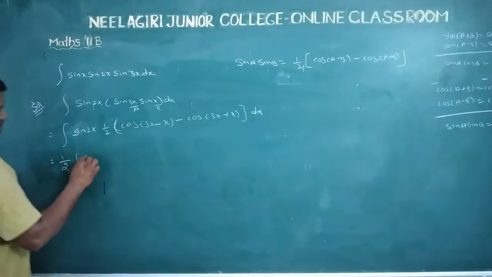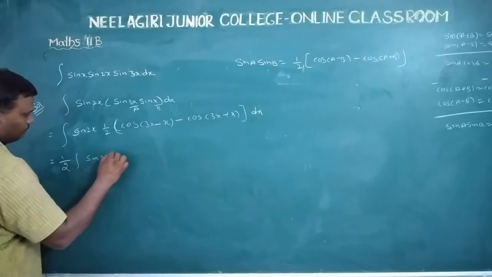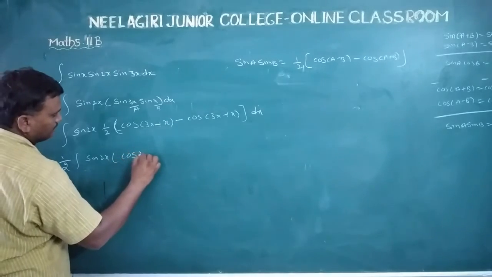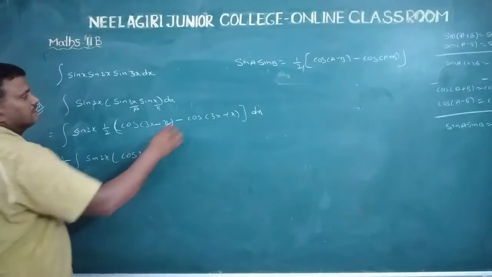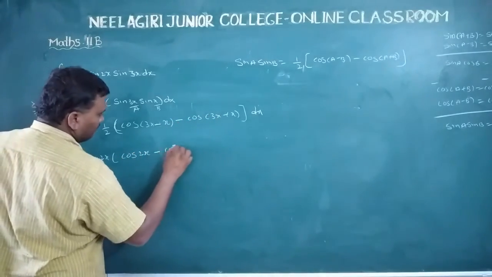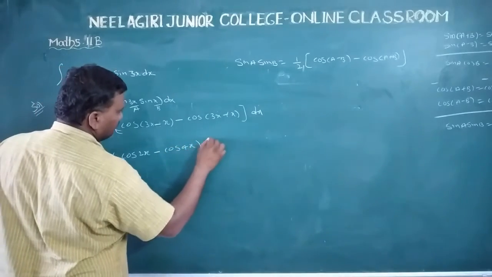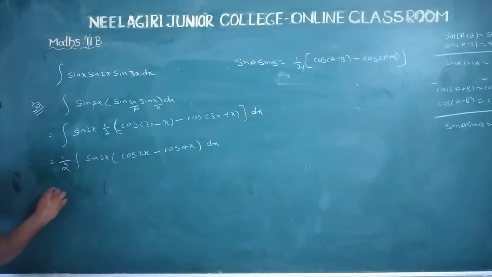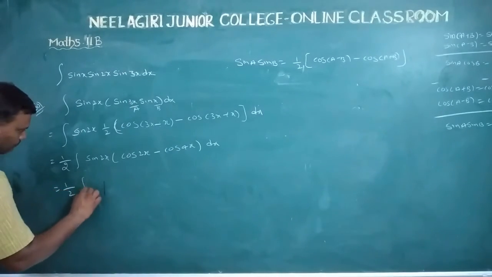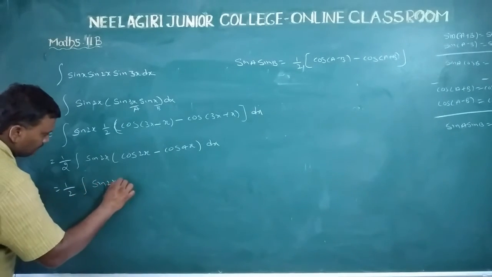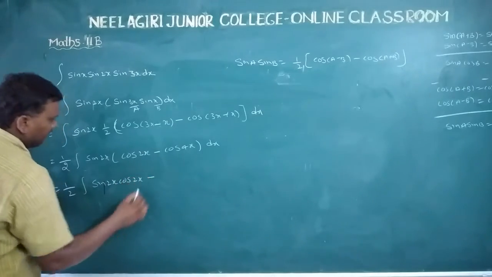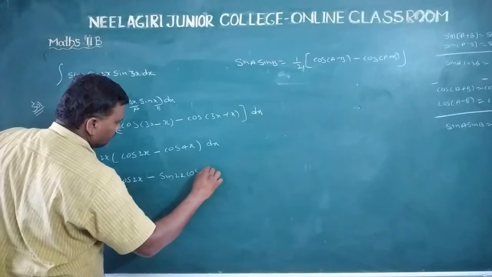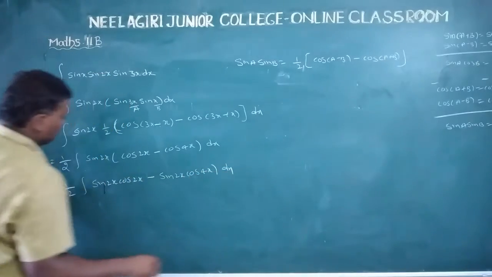By integration, sin 2x into cos 2x minus cos 4x dx is equal to 1 by 2 into sin 2x cos 2x minus sin 2x cos 4x dx.